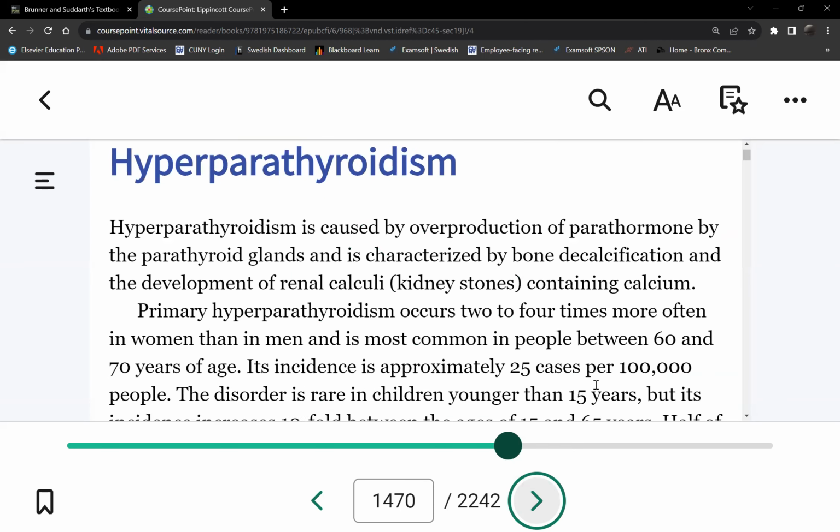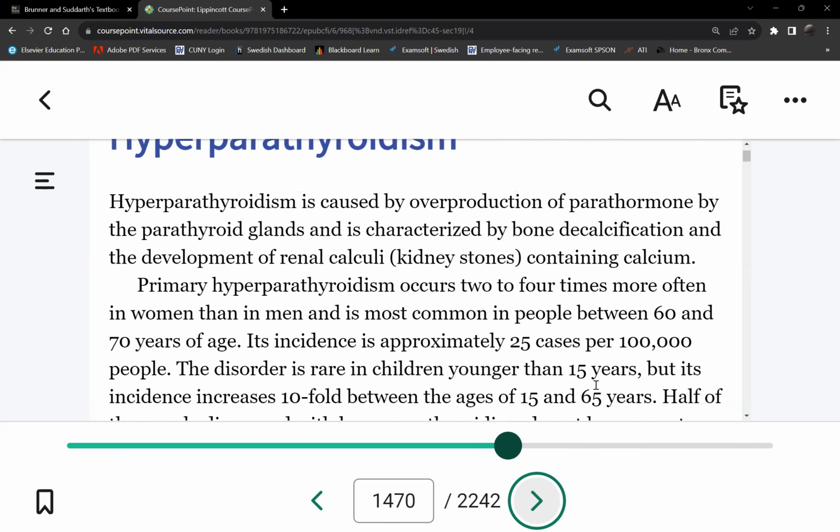Let's look at the first problem first. Let's go hyper. But this is quite simple because what's the purpose again of PTH, parathyroid hormone? To increase serum calcium levels. How does that happen? It will cause calcium to be broken down from the bone.